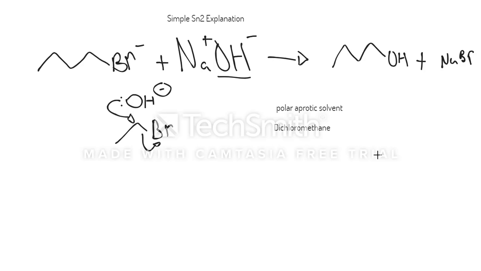What is the structure of dichloromethane and what makes it a polar aprotic solvent? Dichloromethane is a carbon bound to 2 hydrogens and 2 chlorines. So it'd look like this.